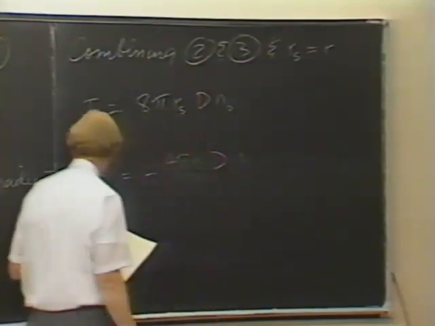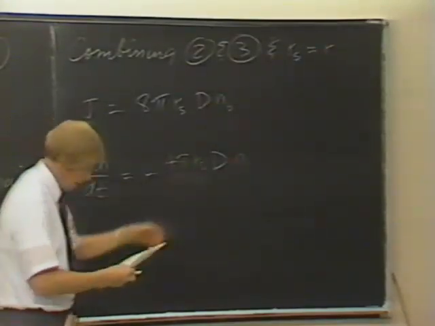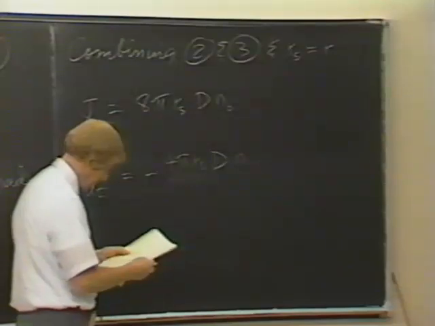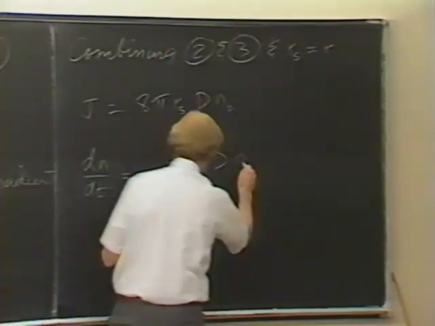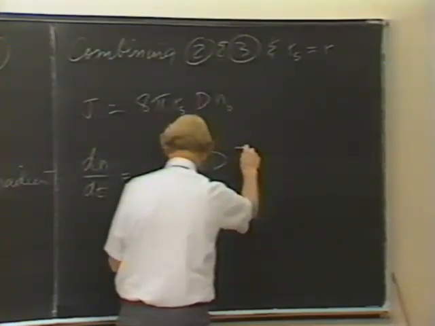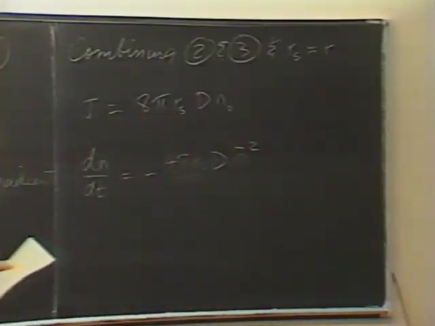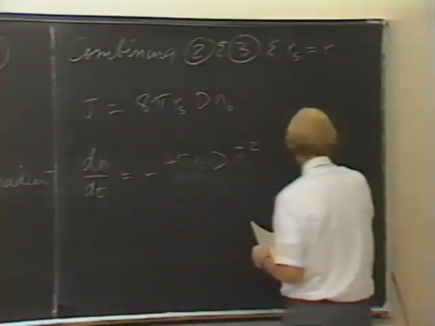That should be average concentration. I'll call it, we've been calling it N0. I'm going to call it average concentration squared. So this is for all particles.